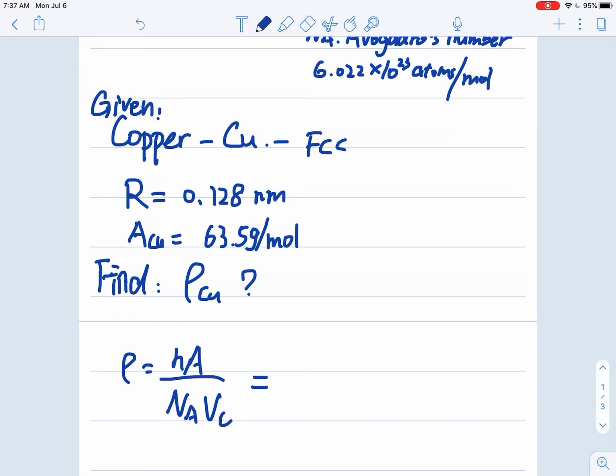If you still have the table of the summary between different crystal structures, we would know that inside of FCC, there are 4 atoms per unit cell, right? And so n equals 4. A is given here, which is 63.5 grams per mole.